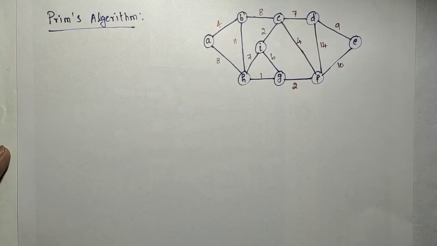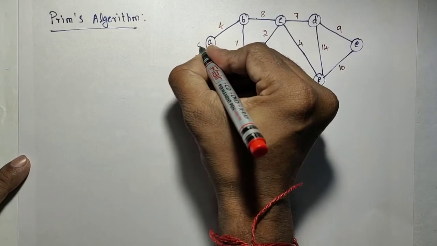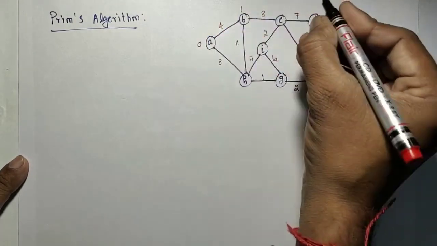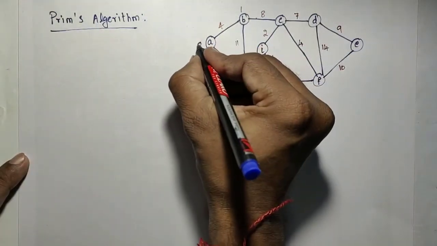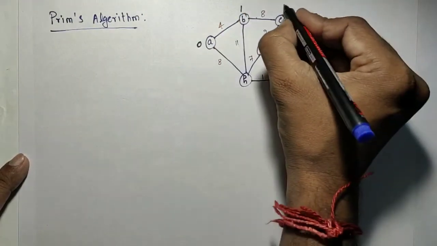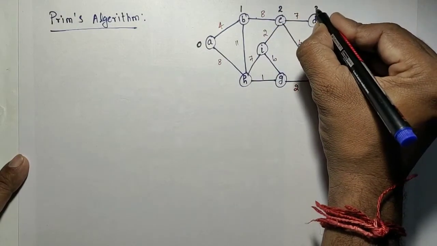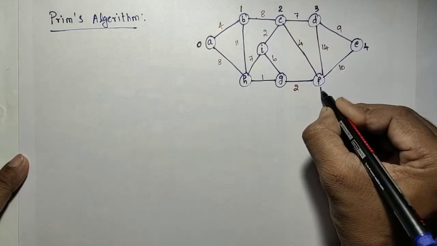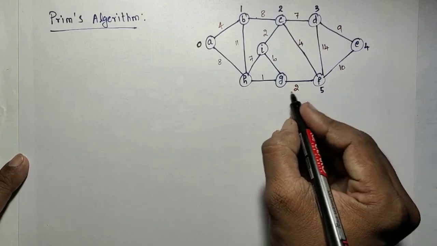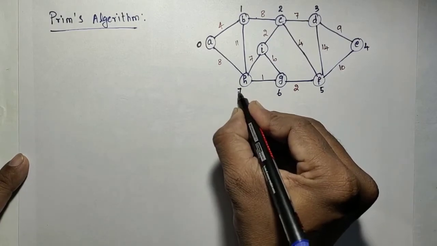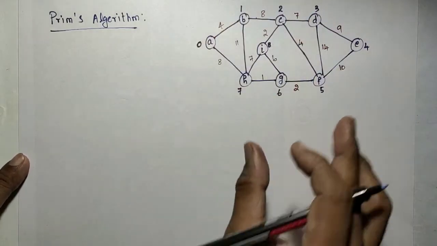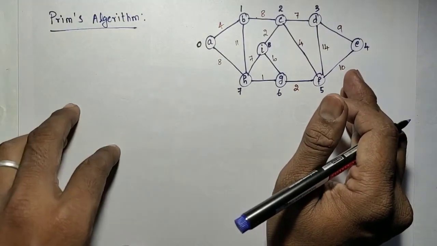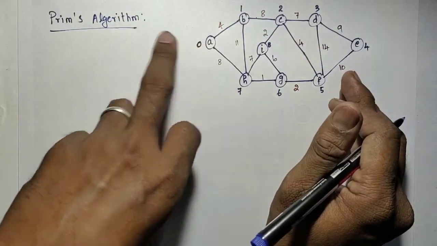Now assume the index for the nodes as usual, like BFS and DFS: 0, 1, 2, 3, 4, 5, 6, 7, and 8. So these are the indexes we have written. We are going to consider only the index as the value for this algorithm.